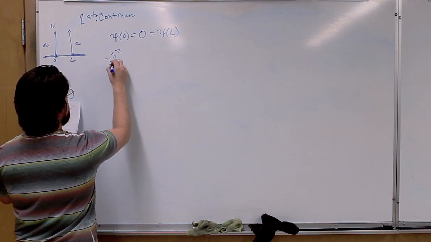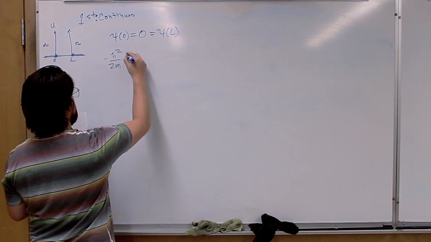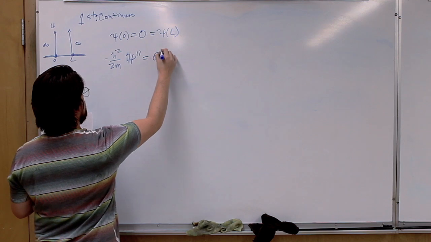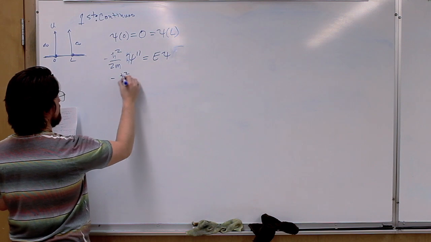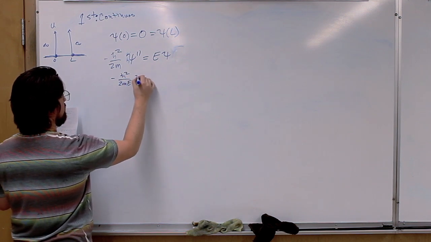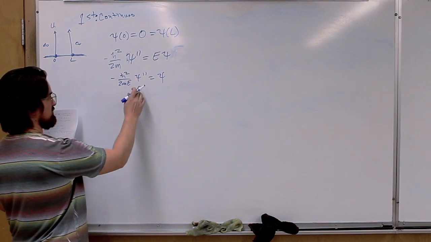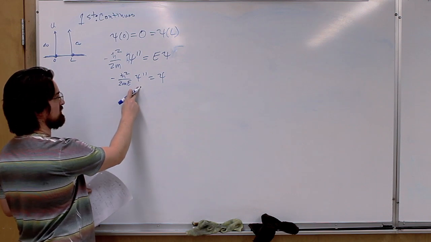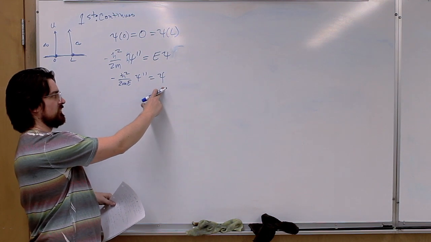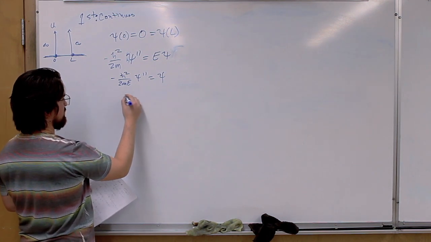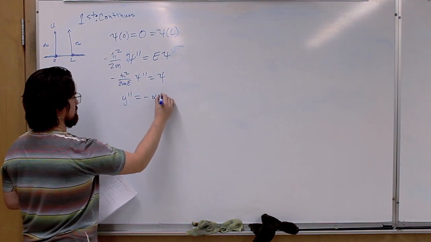So if we write down Schrödinger's equation for inside of this box, I'll just write it with primes. However you want to write it, the second derivative of the wave function is the opposite, and then some constant, of the original wave function. So you have something, y double prime is equal to minus some constant value times y.